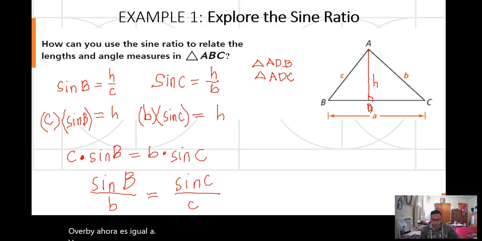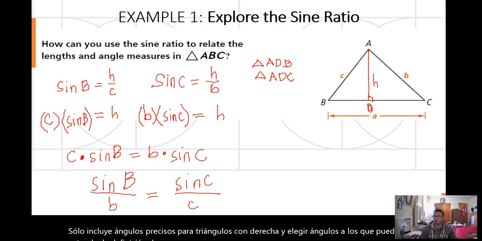The definition of the sine ratio only includes acute angles. For triangles with right and obtuse angles, you can extend the definition of sine and cosine to include these angles.